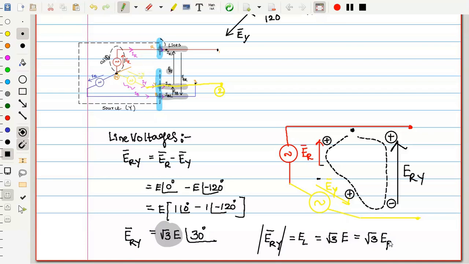So the things we assumed, you should understand clearly. E means phase voltage in the previous notation. Some people may use EP also, nothing wrong. Try to understand that line voltage magnitude is equal to root 3 times the phase voltage magnitude. Once you know the phase voltage magnitude, you can get the line voltage. Or once you know the line voltage magnitude, you can get the phase voltage. Are you getting my point?